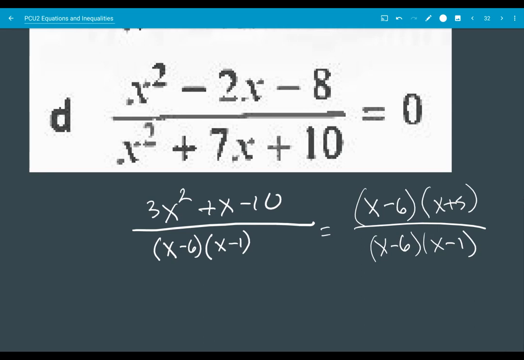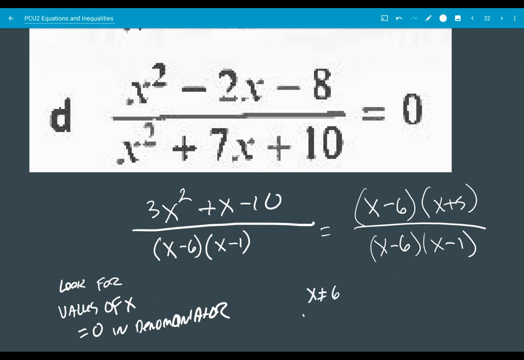So for this one, we're looking for values of x that make 0 in the denominator. So x cannot equal 6 and x cannot equal 1.